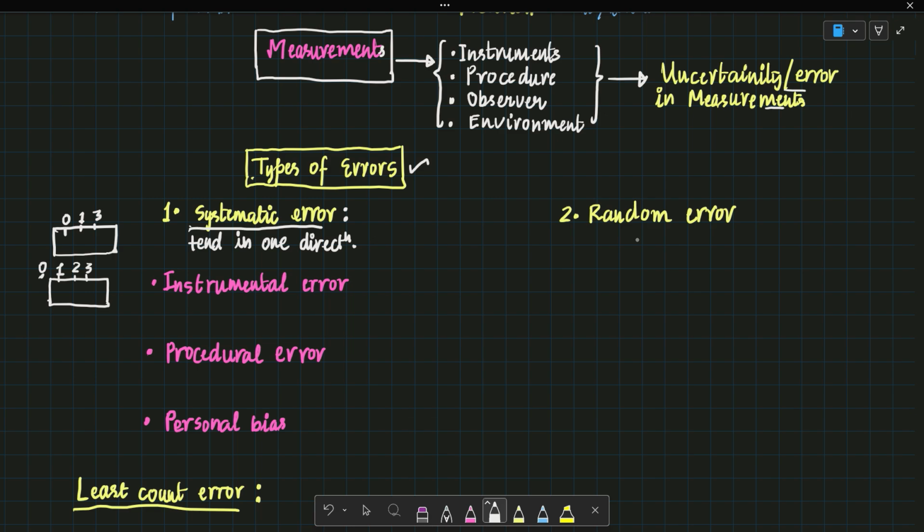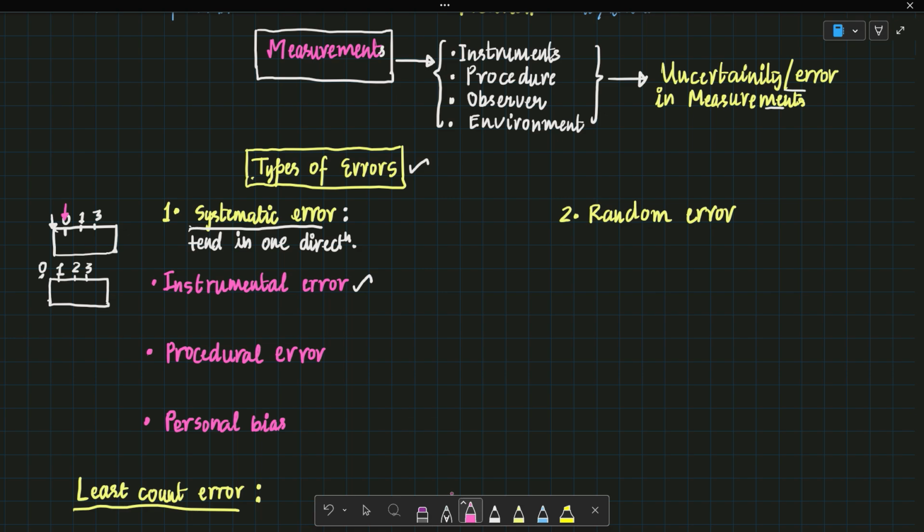Systematic errors are caused due to instrumental error. Now suppose we have taken a normal scale, and readings are graduated like this. If you are careless and you measure from this point, then you are essentially measuring this much extra value.